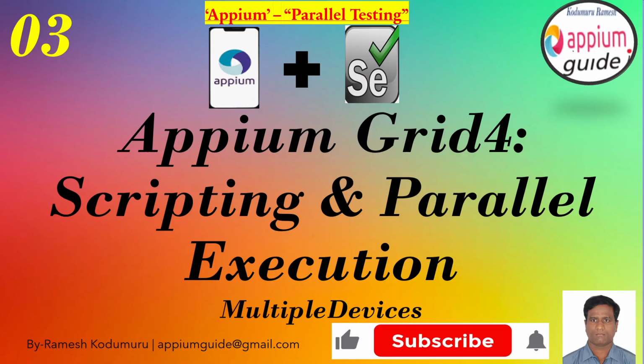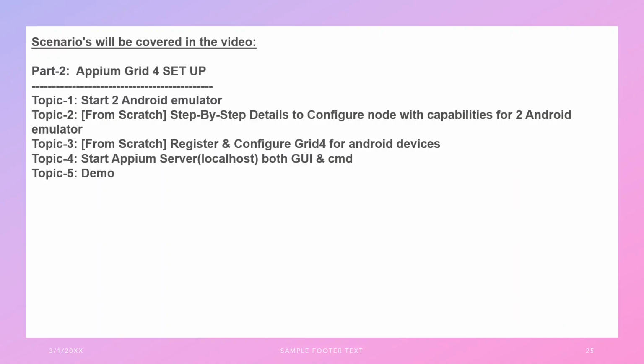Okay, so before continuing with part 3, in part 2 we did the setup for Appium Grid 4, and I explained step by step how to configure the node with the capabilities for the Android devices.